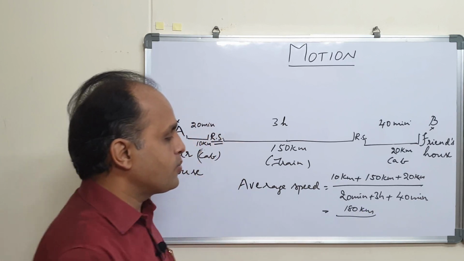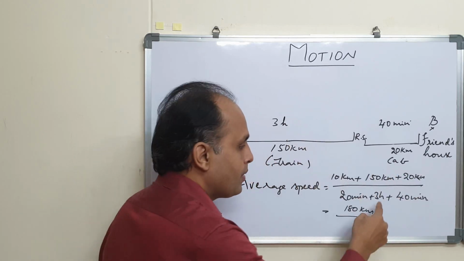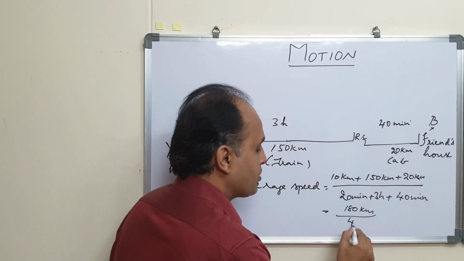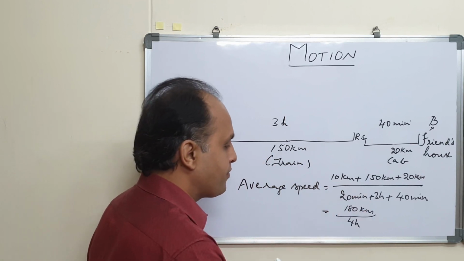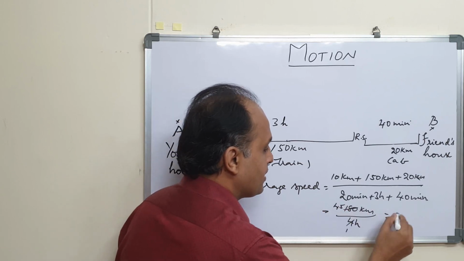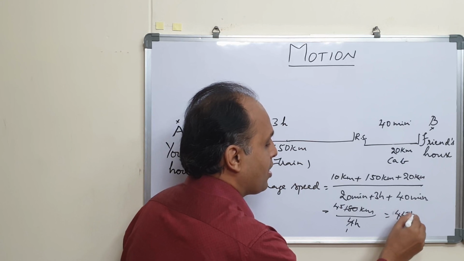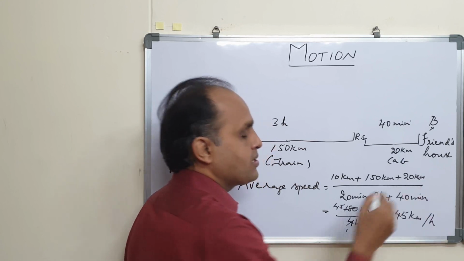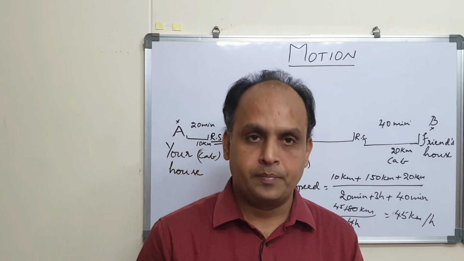And if you observe carefully, this 20 minutes and this 40 minutes is 1 hour, plus 3 hours, 4 hours. 180 kilometers by 4 hours, which is 45. So the average speed at which you travel from your house to your friend's house is 45 kilometers per hour.